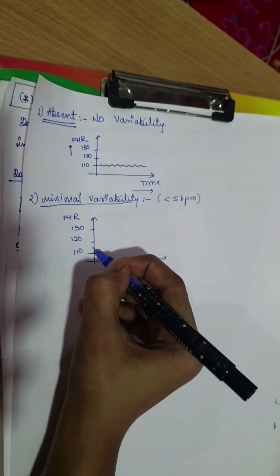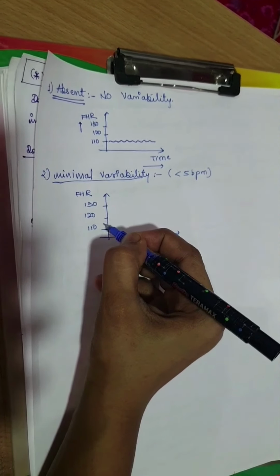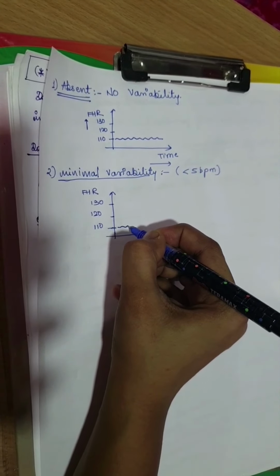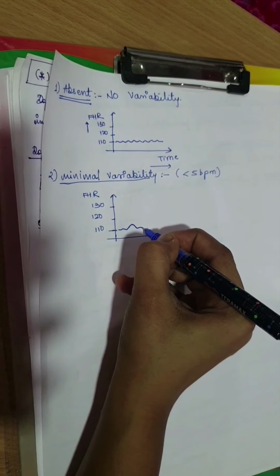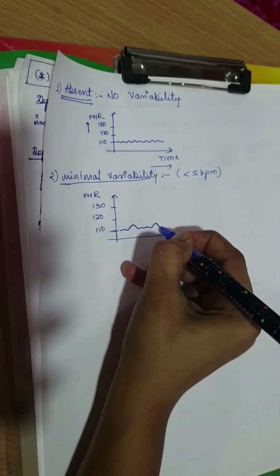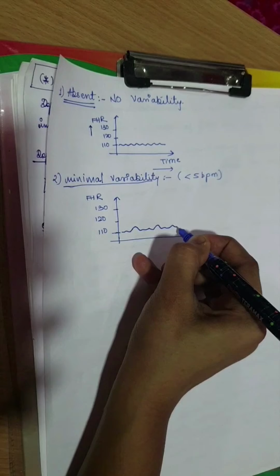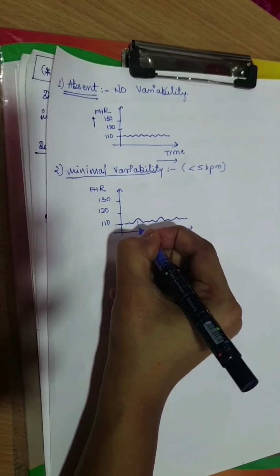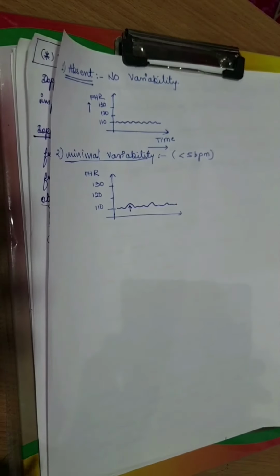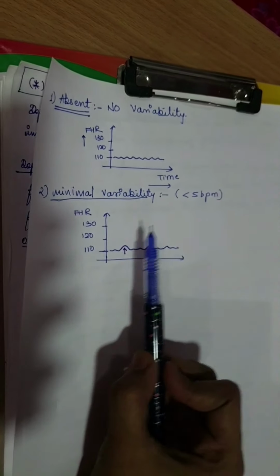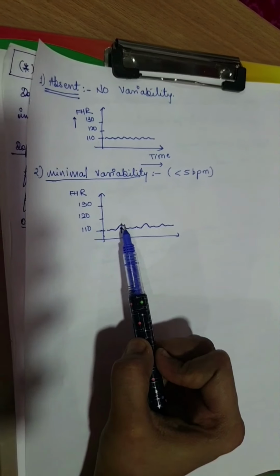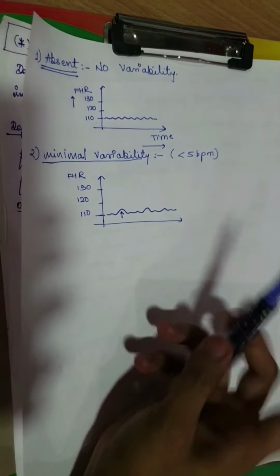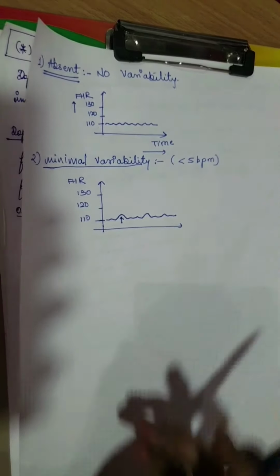In between 110 and 120 there might be 115 beats per minute, and this is the baseline. We could see a little bit of variability over here, so it is less than 5 beats per minute, not more than 5 beats per minute. This is the minimal variability.